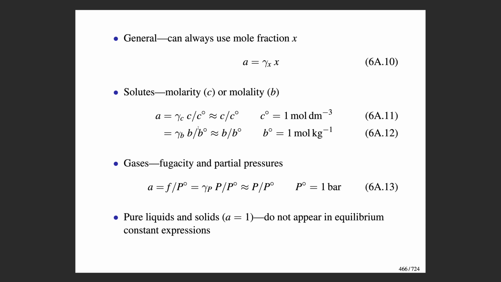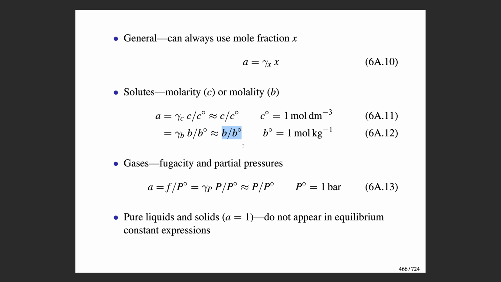Now, as the reaction mixture becomes more and more ideal, the activity coefficients go to 1, in which case you can simplify this expression and just simply write the activities as the ratio of the molarity divided by the standard molarity, or the molality divided by the standard molality.